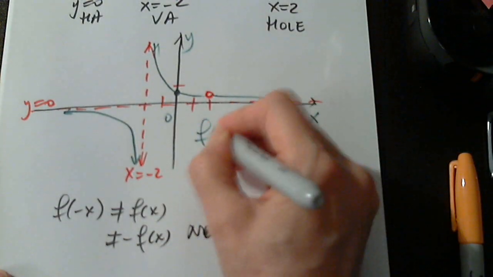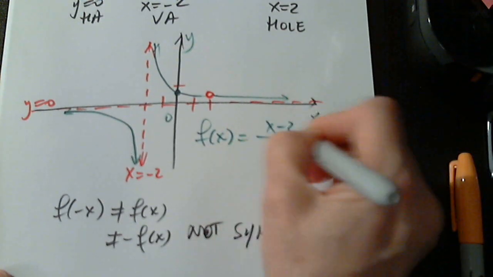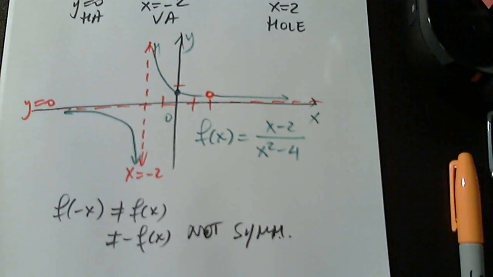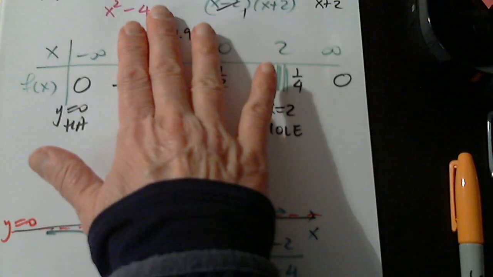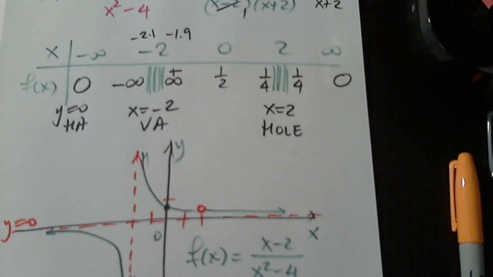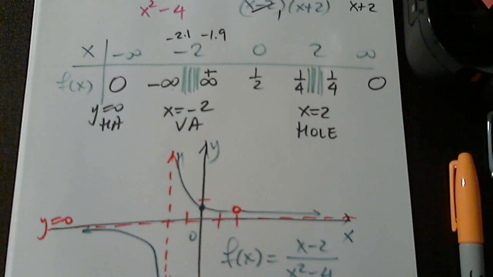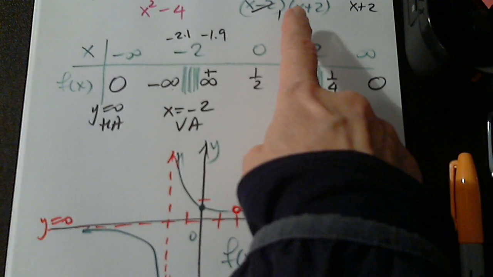So this is the function, x minus 2 over x squared minus 4. Always look at the function. Don't start before you analyze it. Look at it and say, aha, I know. She's trying to trick me.